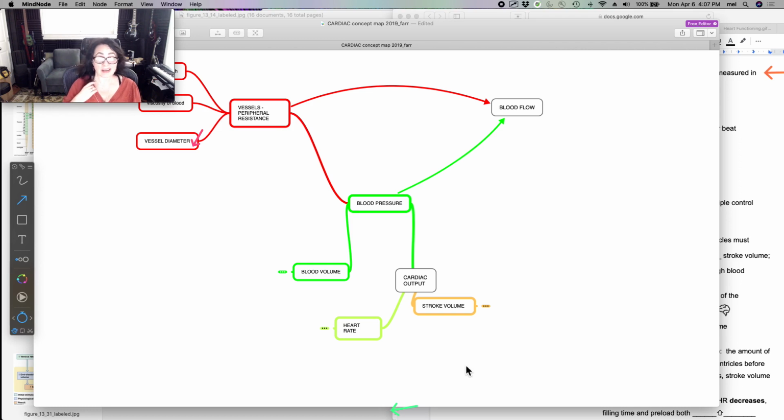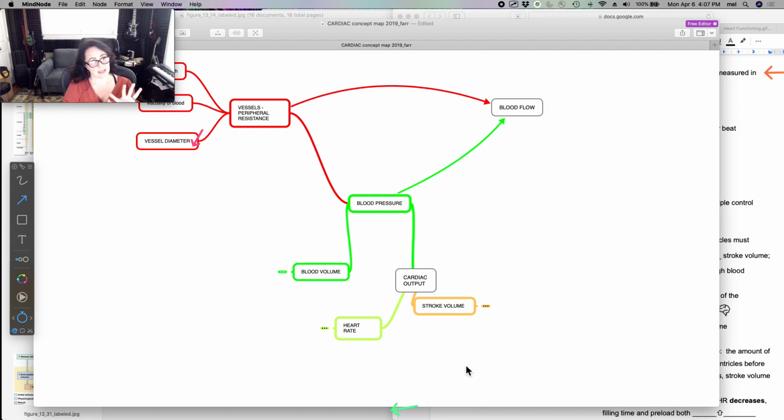But what you might not know, and takes a minute to understand, so I want to do it first, is what controls stroke volume. I want you to have a big picture understanding of stroke volume before we get into the weeds and then get right back out of the weeds. So your big picture understanding of stroke volume is every time my ventricles contract, blood leaves my heart.